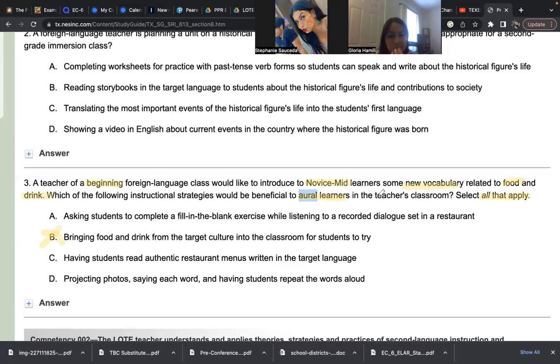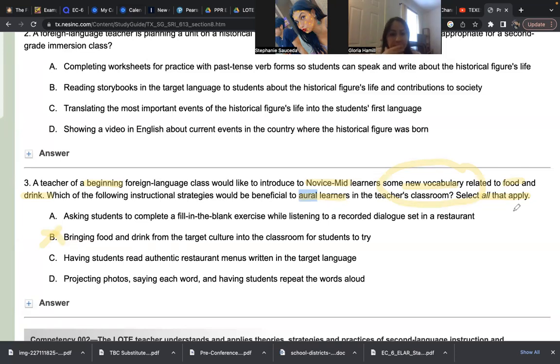So let's go back to our keywords and phrases. Remember, what is her goal? Her goal is to get them to learn new vocabulary. So which one of these would be both good for oral learners and help them learn new vocabulary? Having students read authentic restaurant menus, because it has words written in the target language.